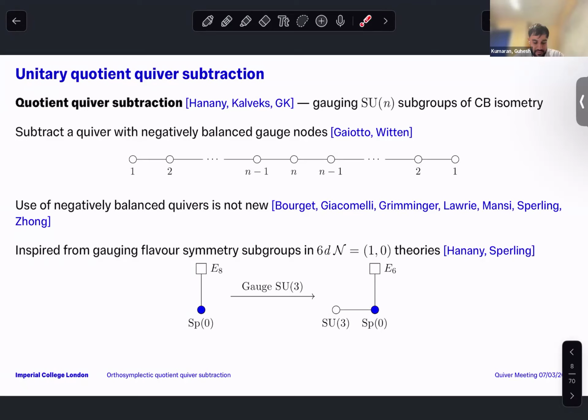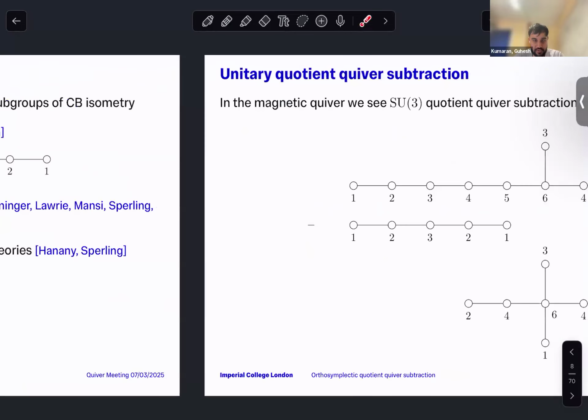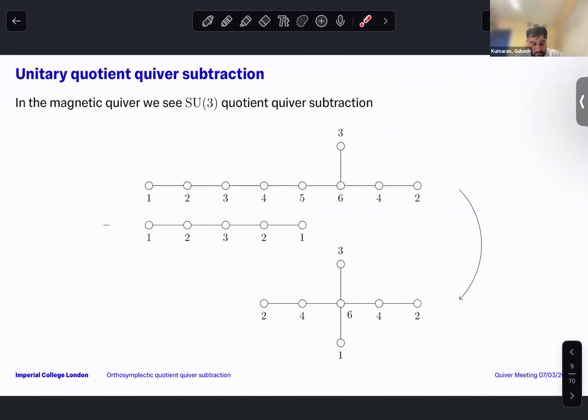But in terms of magnetic quivers, I replace the notion of one E8 instanton on C2 with this picture. So this affine E8 quiver is the magnetic quiver for this moduli space. Then I subtract this 1, 2, 3, 2, 1.